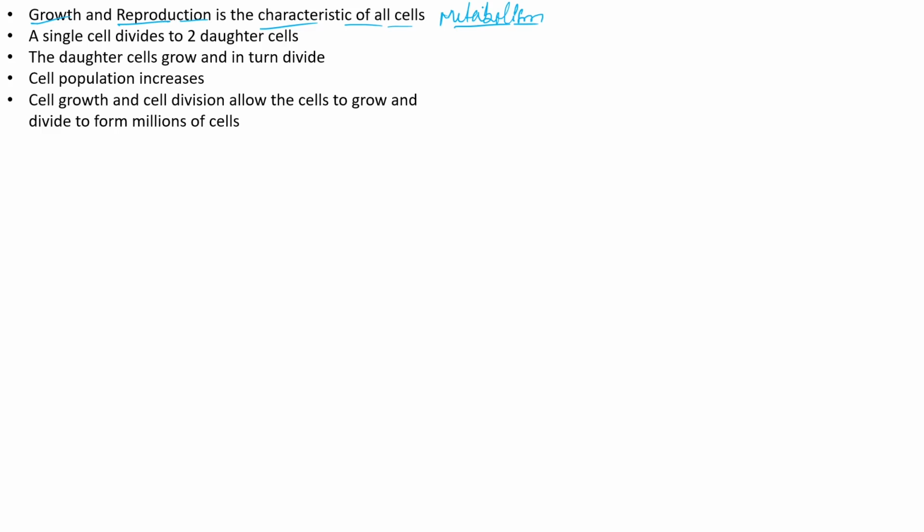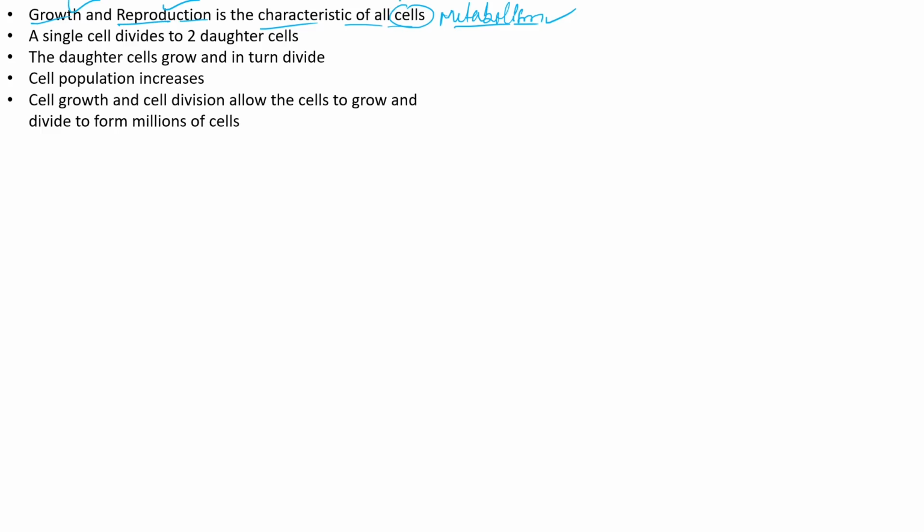The same points that we have mentioned, that is growth, reproduction and also metabolism, are some of the defining features of living organisms. And as we all know, cells are ultimately living organisms, so they have the ability to reproduce and also to grow in size.